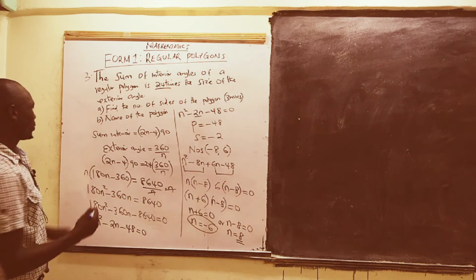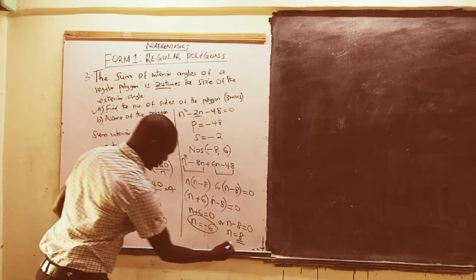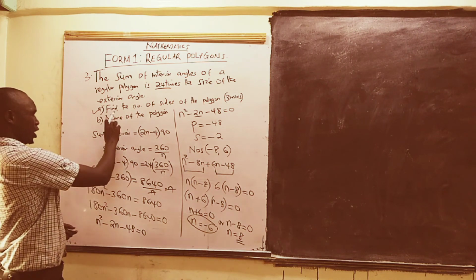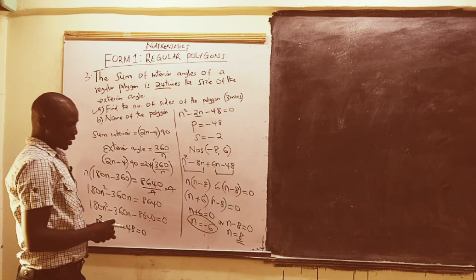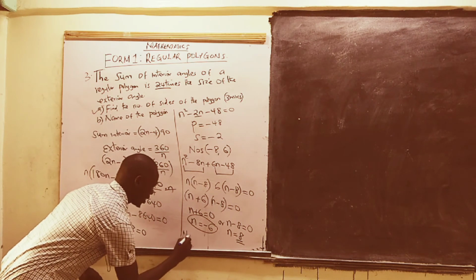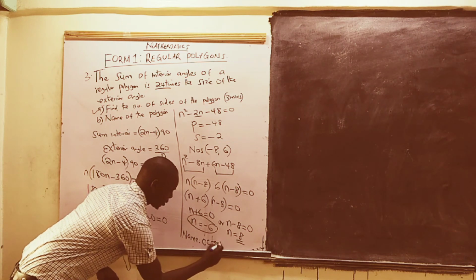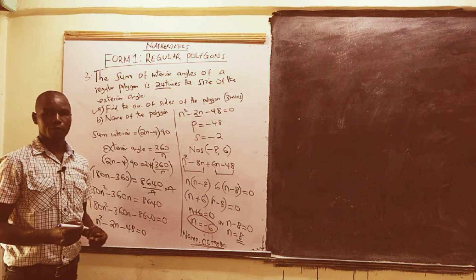So the first one, we are supposed to calculate the number of sides, and the number of sides is 8. And lastly, we are supposed to give the name of the polygon. Since the polygon has 8 sides, then the name here is going to be an octagon, and that is the solution for this question.